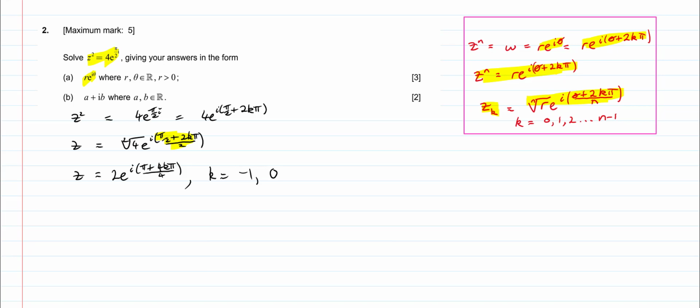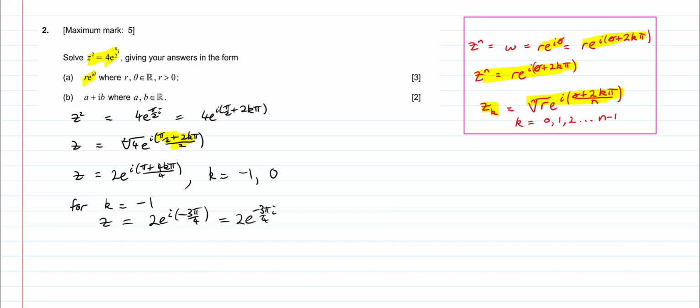So for k is equal to negative 1, we'll just plug negative 1 where we see k in, so we're going to get z is equal to 2e to the i, and well, 4 times negative 1 is negative 4, so we're going to get negative 3 pi over 4, which equals 2 times e to the negative 3 pi over 4 i.